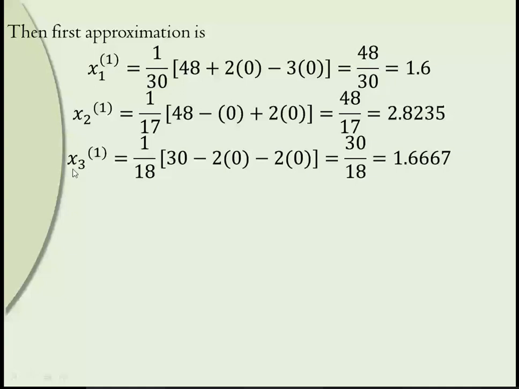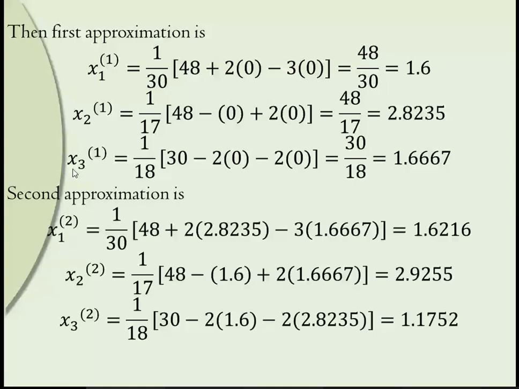So instead of 1, now take 2. Previously we put 0, 0, 0. Now we put these values for x1, x2, x3 into the right-hand side of those equations. That will be the second iteration. Do the calculation, we get these new values.